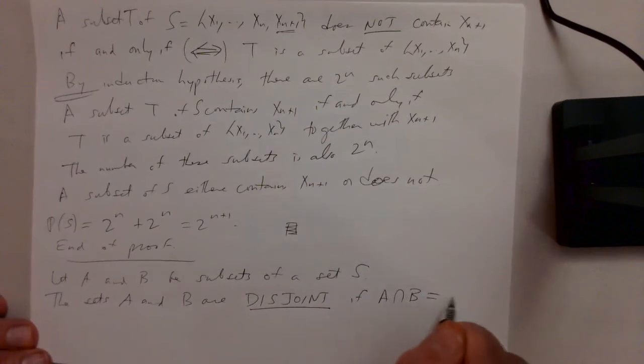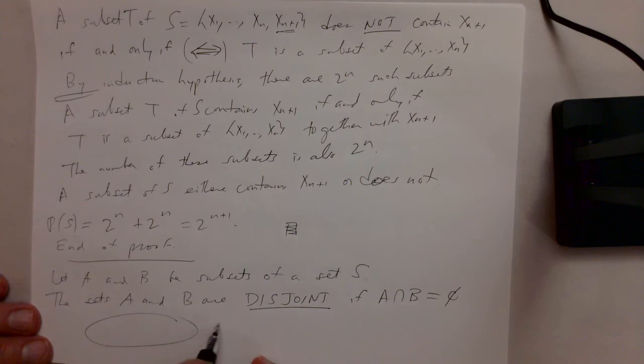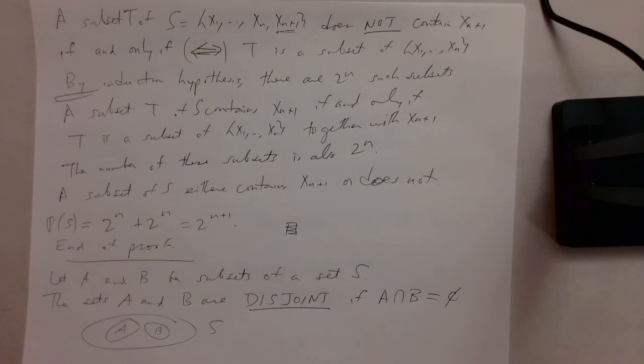That means the intersection is empty. So a picture of that is, here you have the set S, here you have A, here you have B, and they don't overlap at all. These two subsets of S are disjoint.